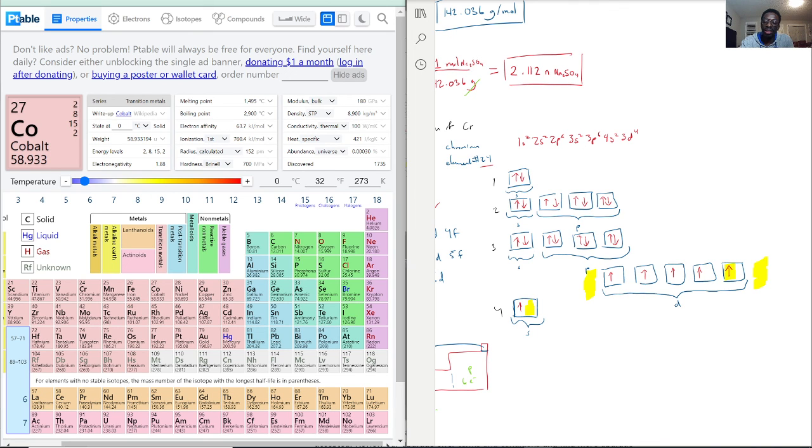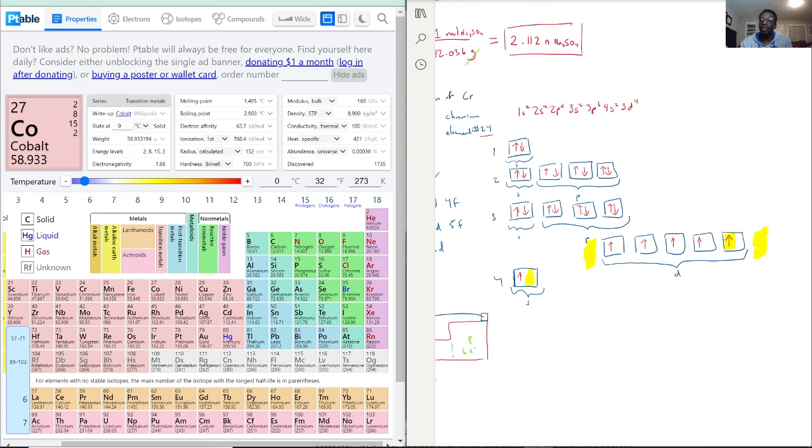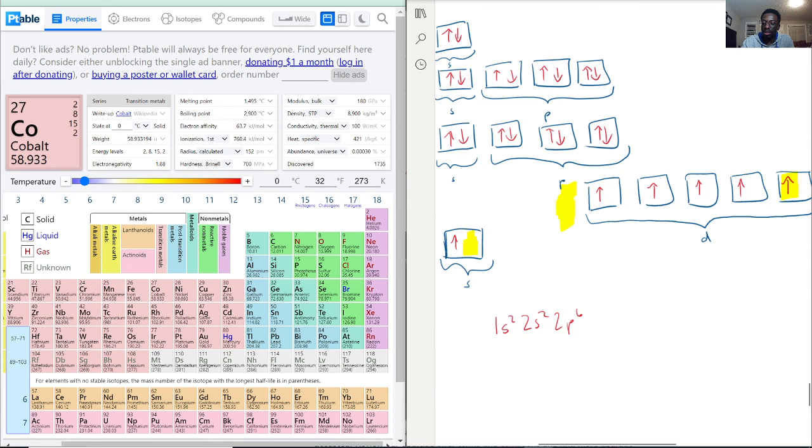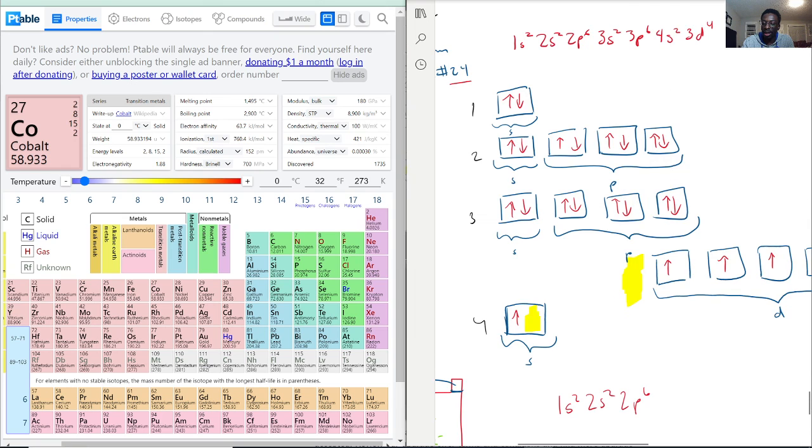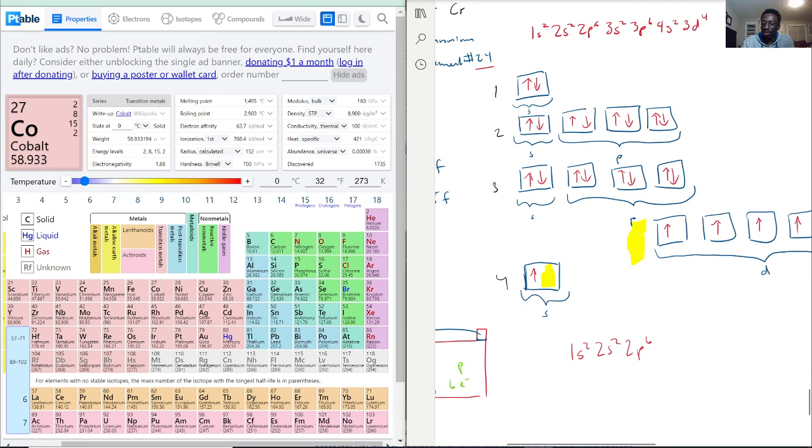With that being said though, what would our electron configuration be? Now mind you, I like to organize by number, so there's two ways to write this, which I will. We have now 1s2, 2s2, 2p6, 3s2, 3p6, 4s1, 3d5.